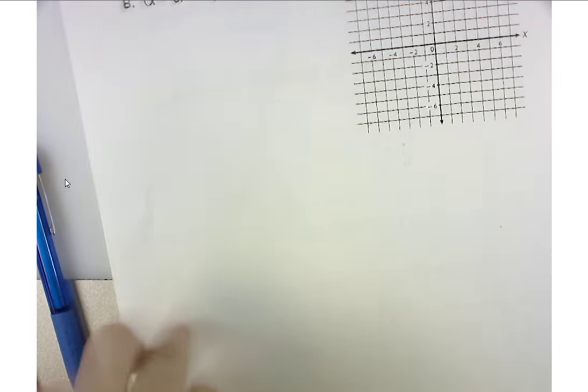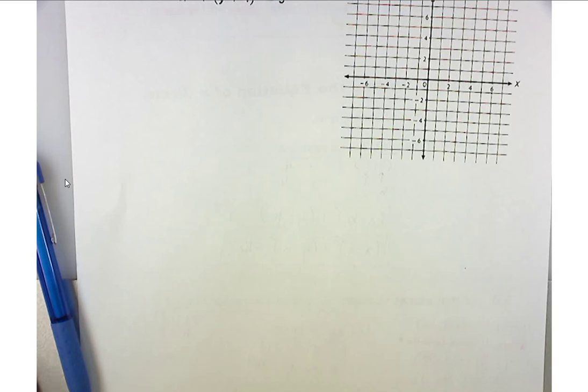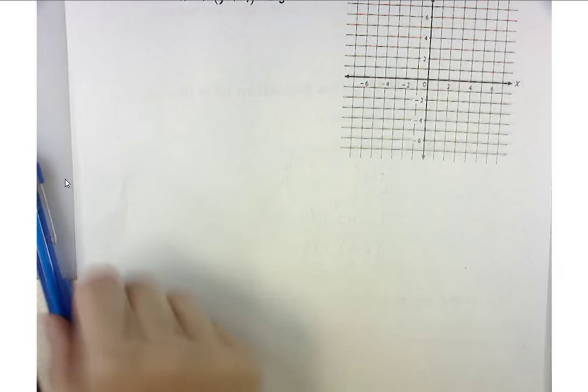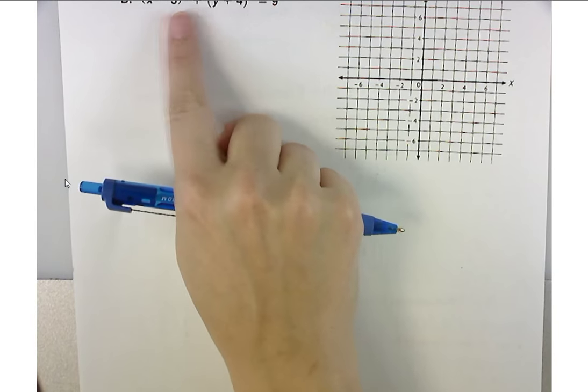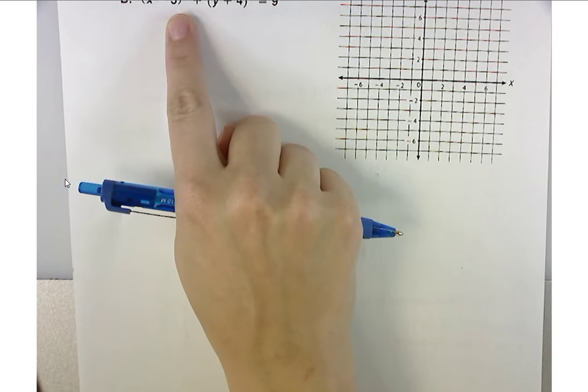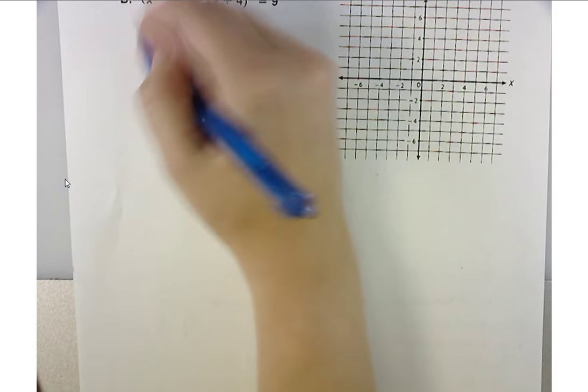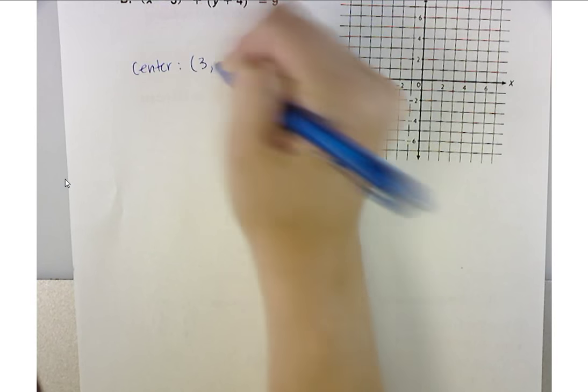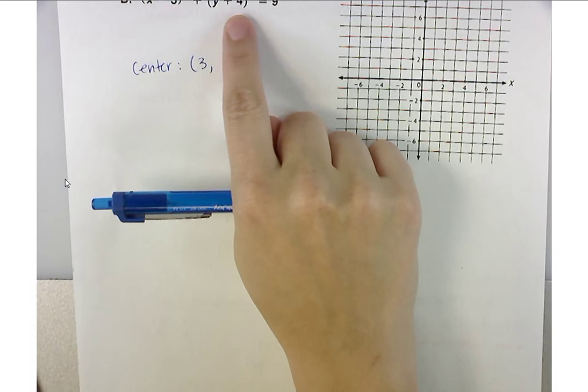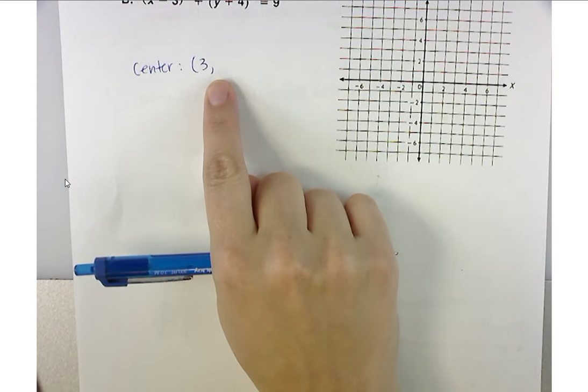All right, and then the next thing we're going to look at is graphing the circle. So when you're graphing this circle, you want to pick out the radius and the center. Okay, so if you have x minus 3, what's your h going to be? Your h is going to be 3. Okay, so your center is going to be 3, comma. Now this is plus 4. So what am I going to have in my center?